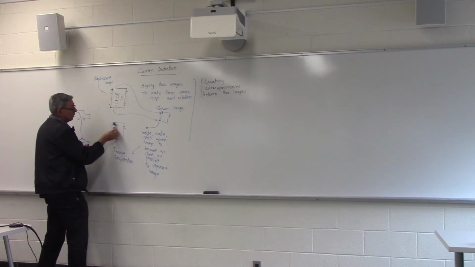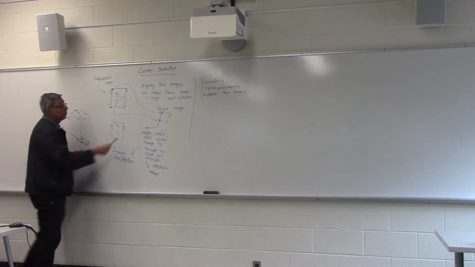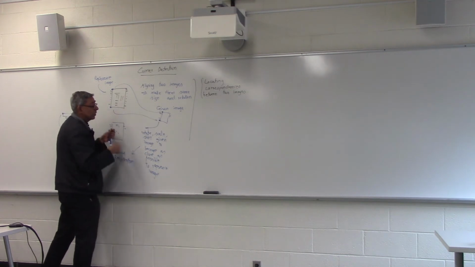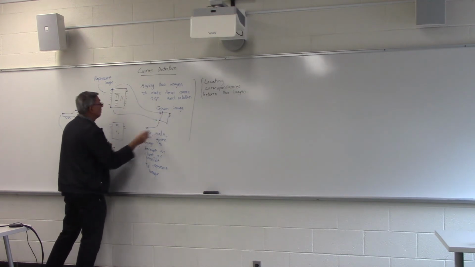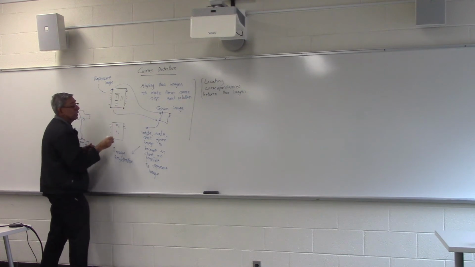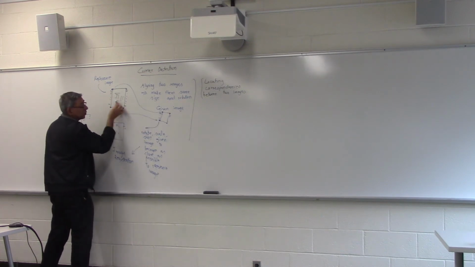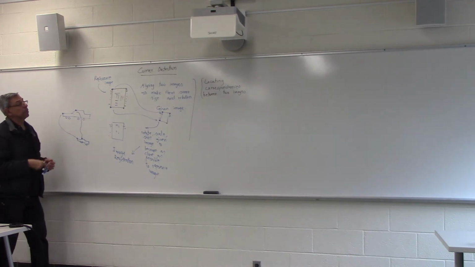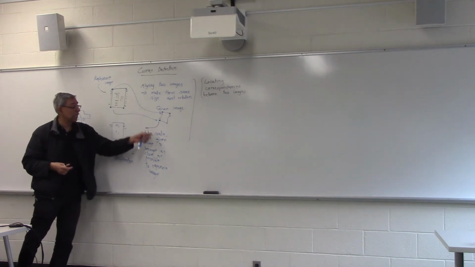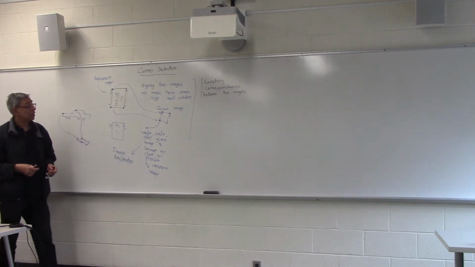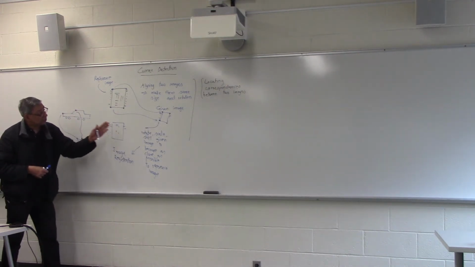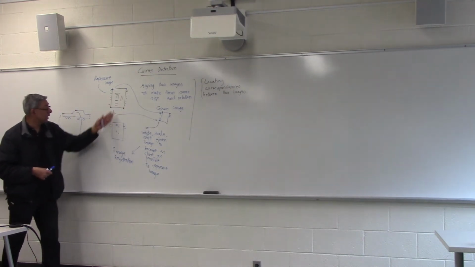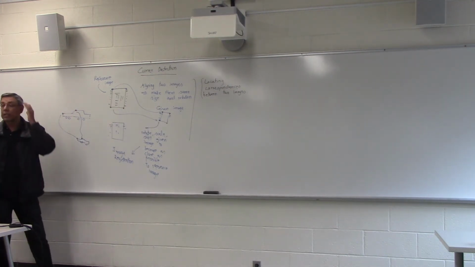So let's say it's a square or rectangular type of image. If we can detect the corners over here using some kind of technique, then we can establish correspondences between the corners, and then go to the next step of mathematically figuring out how much do we rotate, how much do we scale, how much do we shift this particular image to make it look similar to the target image.